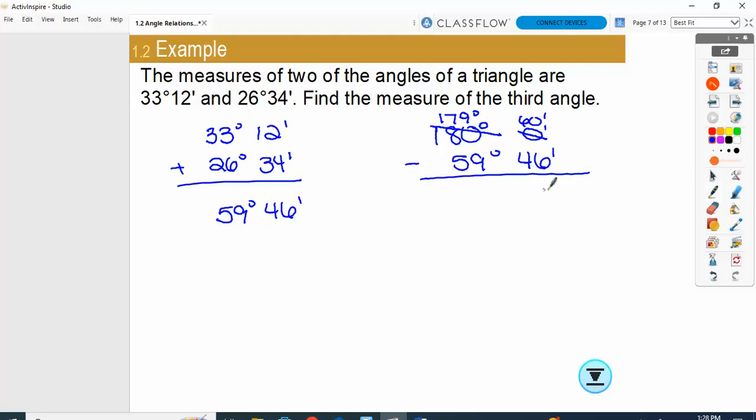So 60 minus 46, and 179 minus 59. So we get 120 degrees, 14 minutes. Is that okay with everyone?